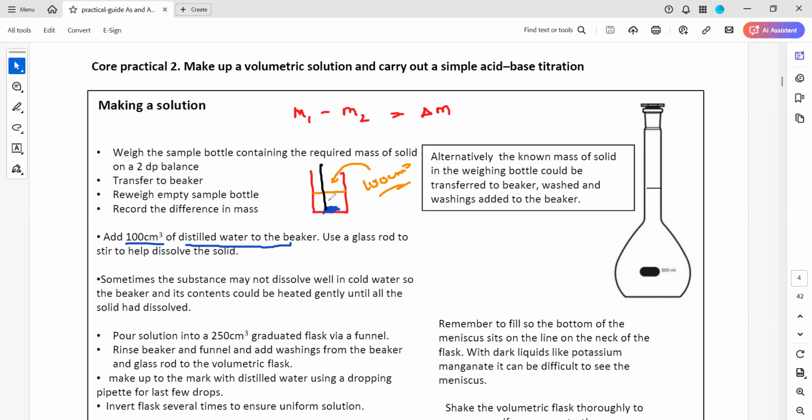Then after dissolving the substance, we pour it into the volumetric flask. It will not reach the mark, because we used just 100 cm cubed of deionized water, so the level will be somewhere below, as the total is 250.